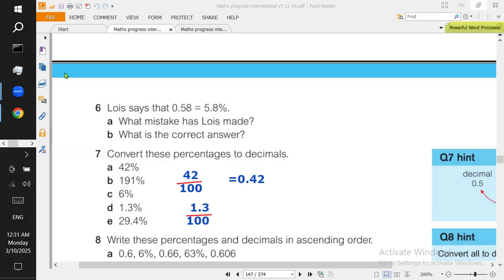Dividing means the decimal point will move this way, like this, one, two. So you end up filling the gaps with zeros. This will be zero, and this will be zero. So the final answer will be 0.013, and this is the decimal of 1.3%. Same idea with all of them, same steps, just follow the steps and you get the answer.